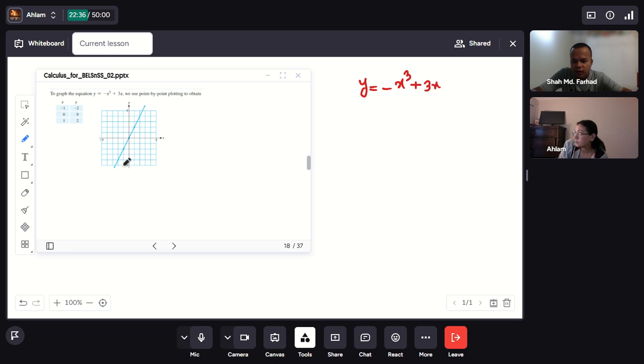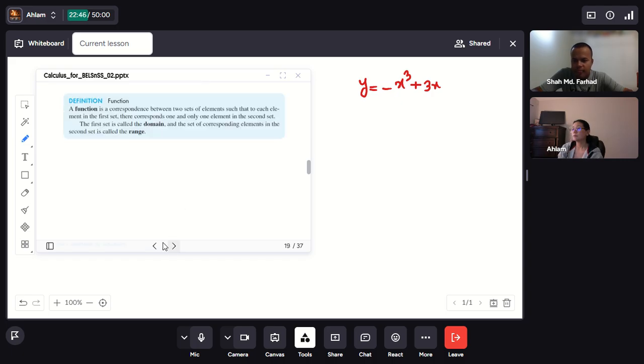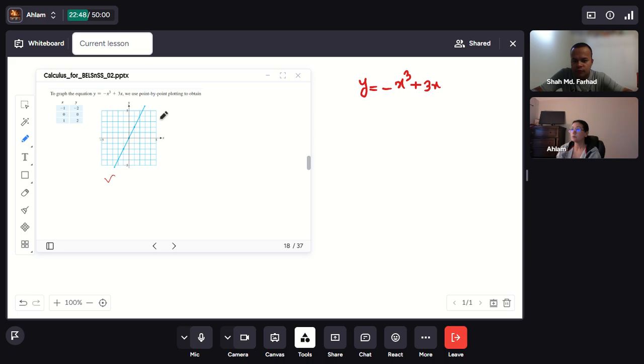So we are given a graph over there. We are asked to find whether the graph is correct or not. Is the graph we have the correct one? In this case we should replace y by -2 and x cube by -1 and see.